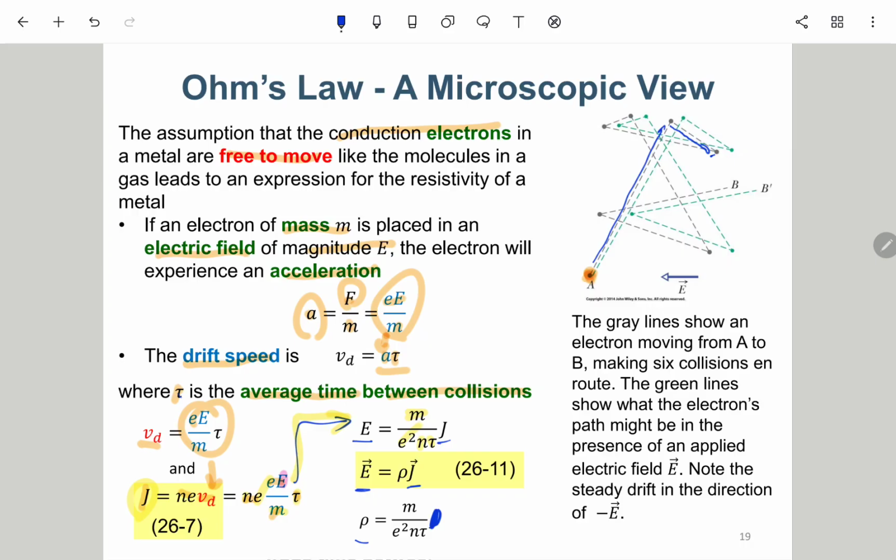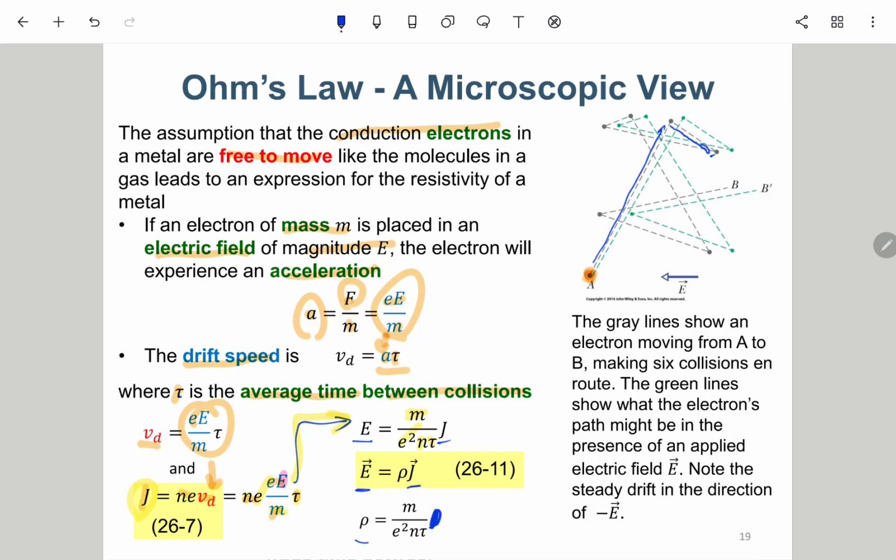So what are these? m is the mass of the electron, which should be a constant. And e is the elementary charge, also a constant. And n is the charge density, the volume charge density, so it is only related to the material itself. For a specific material, this n should also be a constant, but will be different for different materials.